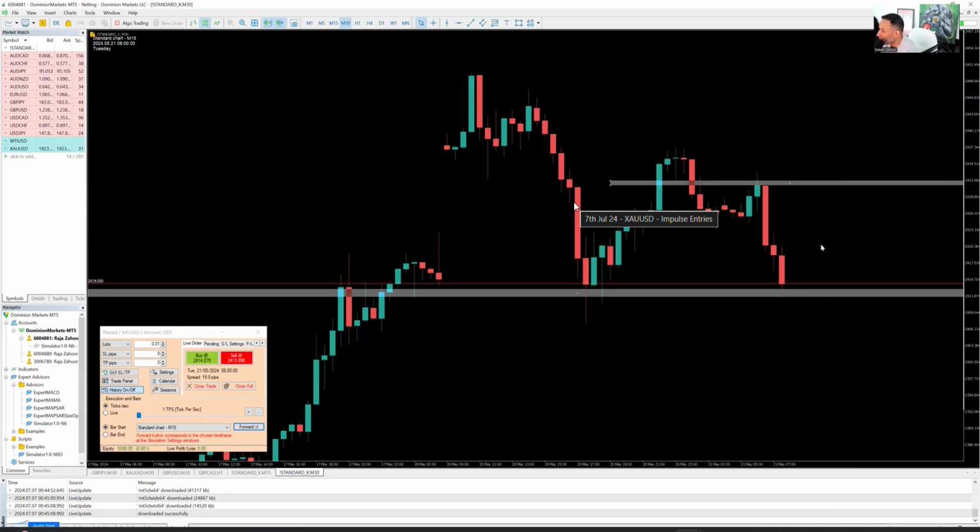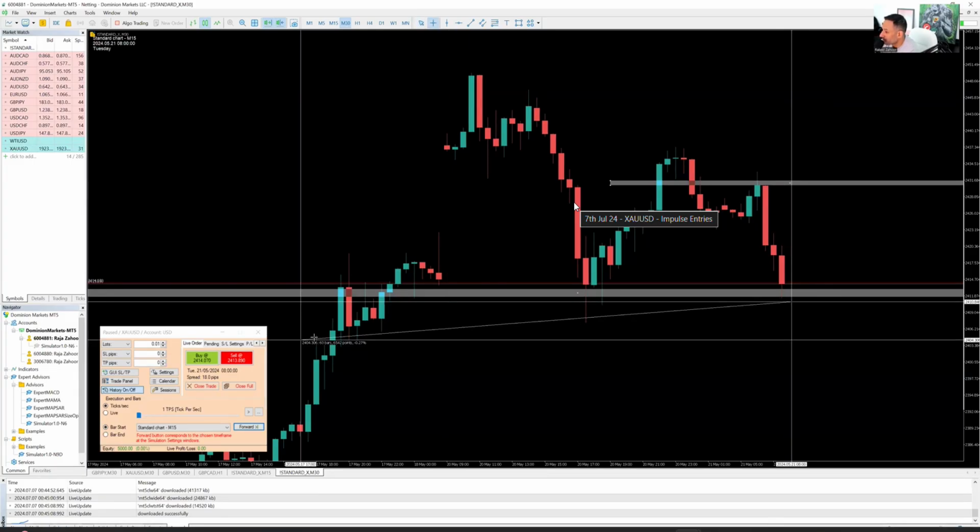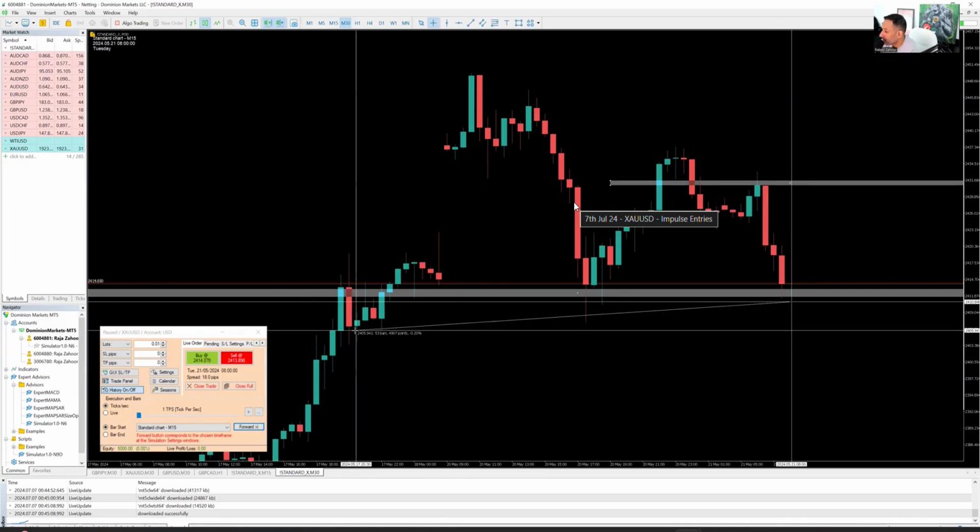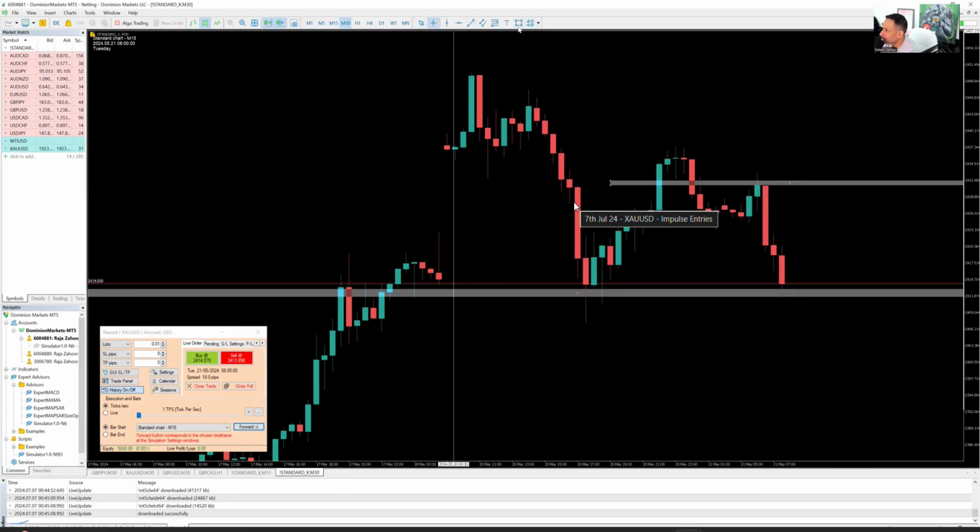All I'm looking for is an opportunity, right? If we break below these wicks, then maybe we can continue to push down in this 46 pip range.